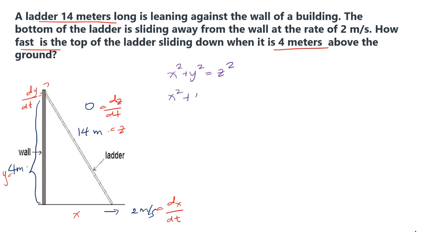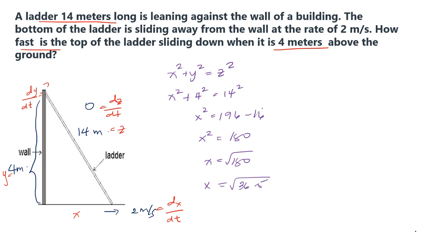So y is 4, squared, is equal to z, which is 14, squared. Therefore, we have 196 minus 16, so x squared is equal to 180. Getting the square root of both sides of the equation, we have the square root of 180. Simplifying, the factors of 180 are 36 and 5. So x is equal to 6 square root of 5.